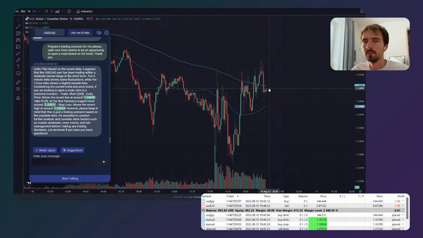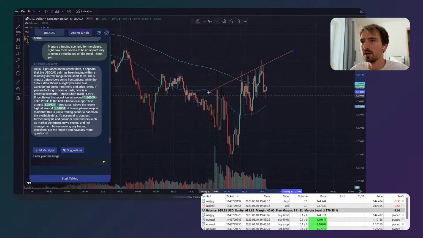Okay, all right. So it's suggesting to go short here, but what is the slope here? It's really too steep over here. We do have some kind of a line over here. It's a mess, but it's probably something like that.